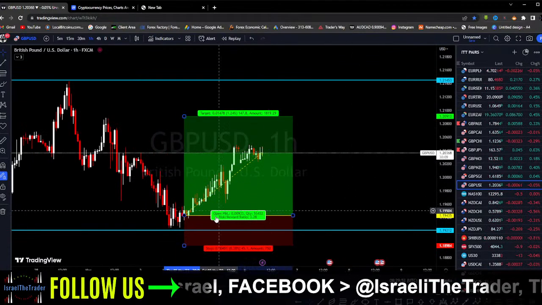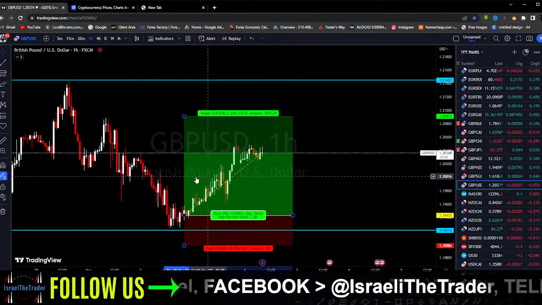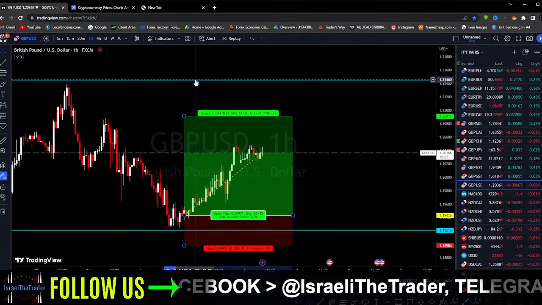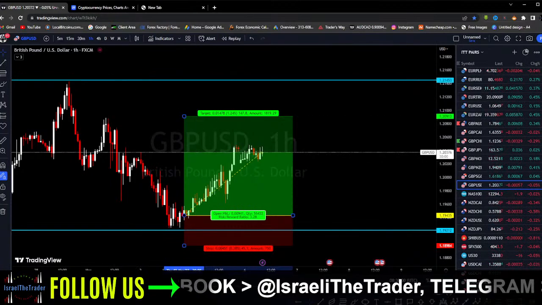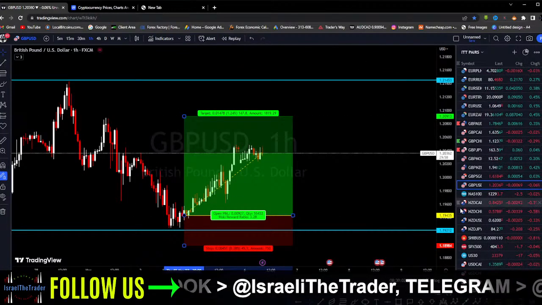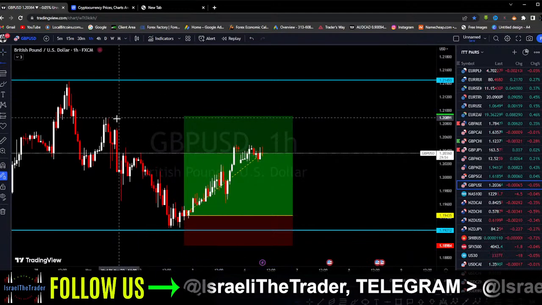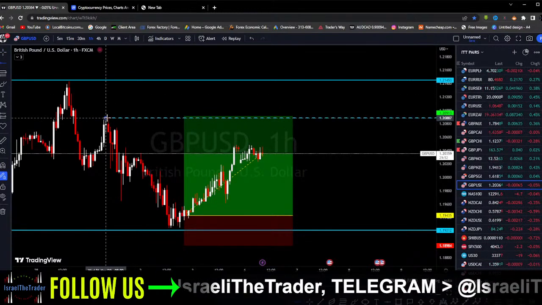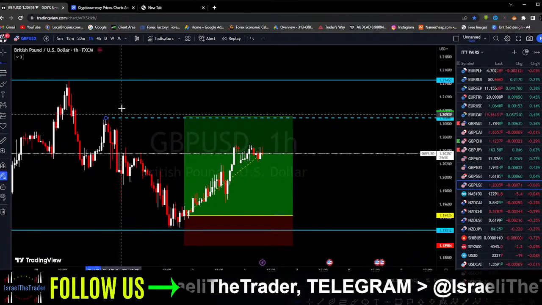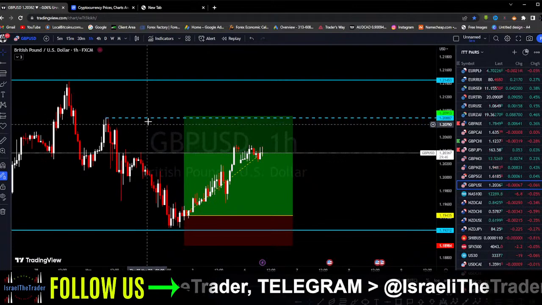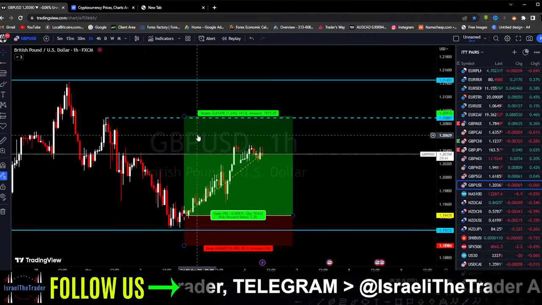For example, if this is where we got in right now, this is where our final take profit is supposed to be, or we have different zones here, guys. Let me just mark everything out so we can see it, right? You can see this structure. It is another level where we can take our final take profit.